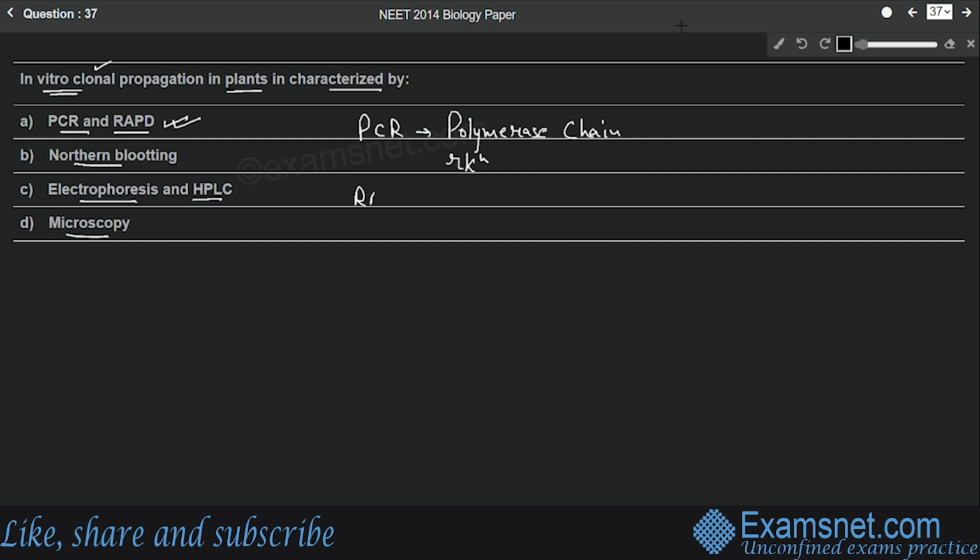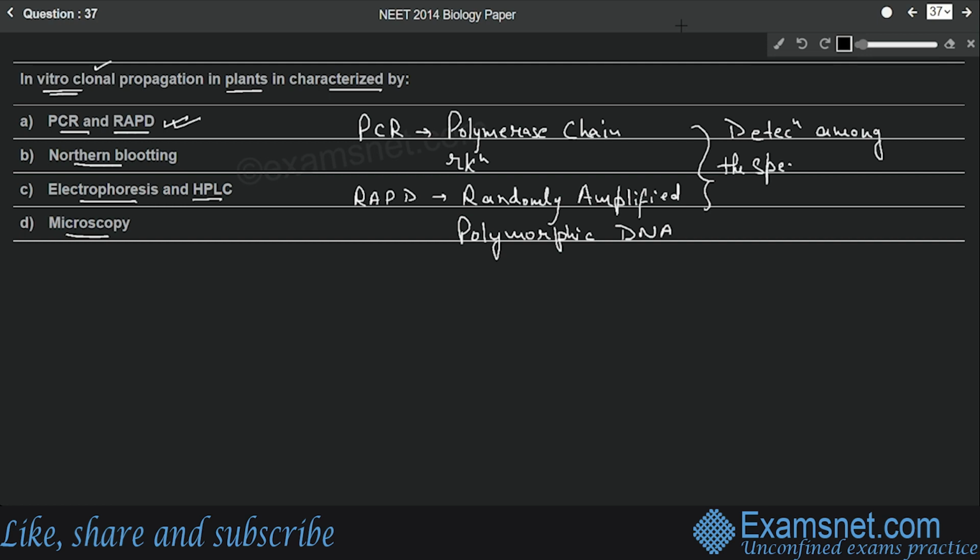and RAPD stands for randomly amplified polymorphic DNA. Now these two techniques are used to detect the variations among and within the species, and clones of a plant.